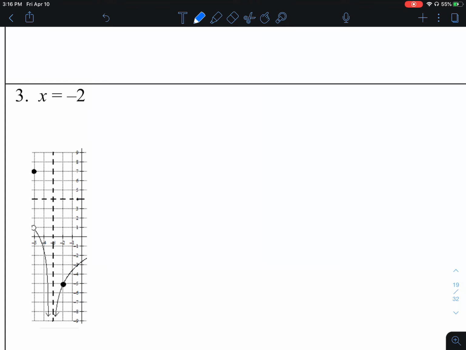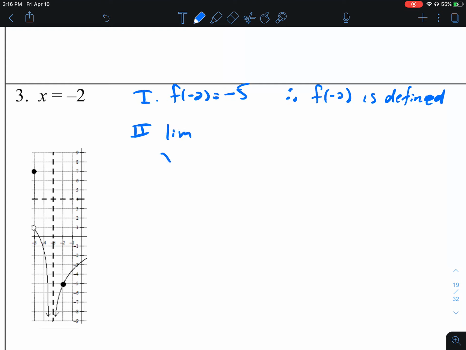Is the function defined at -2? F of -2 is -5. Clearly see when x is -2, the y value is -5. Conclusion, f of -2 is defined. Part 2, if you approach -2 from the left and the right, is it approaching the same number?